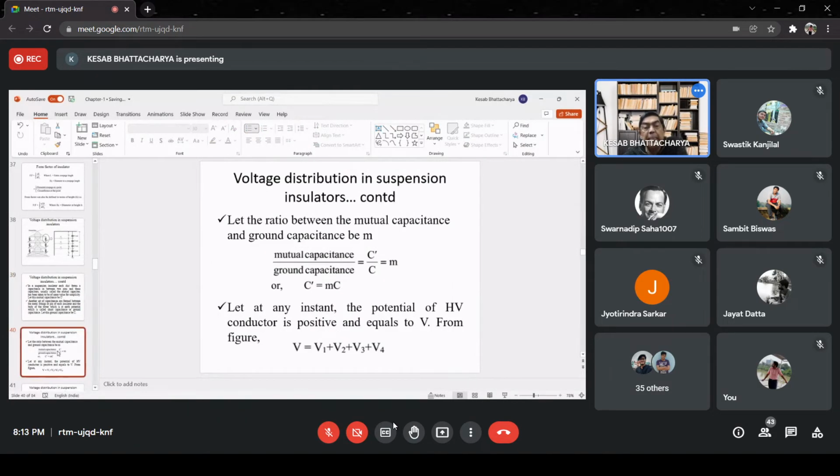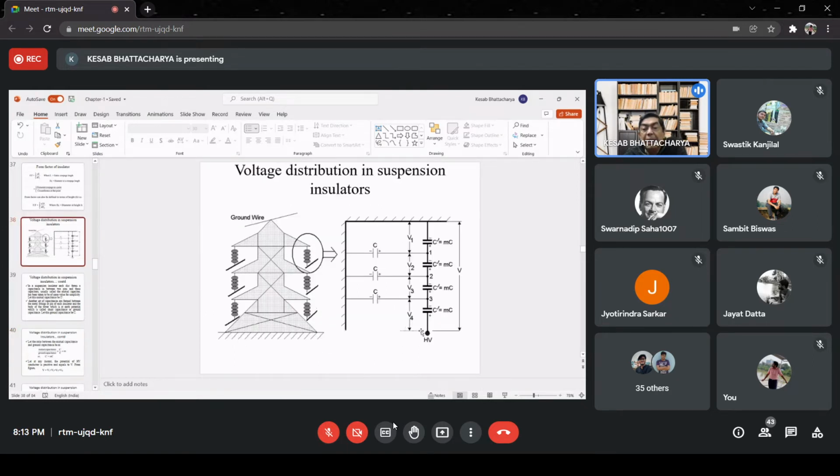Now you see, here, let the ratio between the mutual capacitance and ground capacitance be M. Therefore, C prime by C is equal to M, or C prime is equal to MC. That we are assuming. Again, going back to the diagram, this is the voltage distribution at any instant of time, V1, V2, V3, V4.